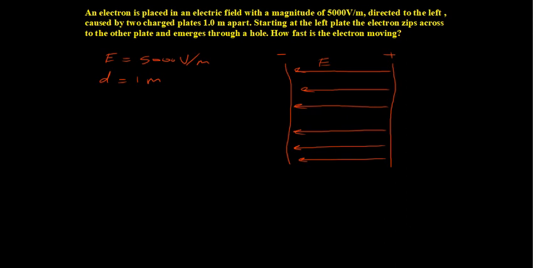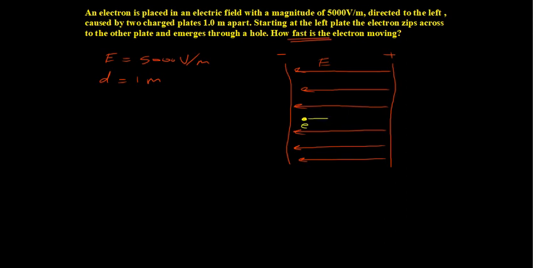But this time it's not asking about the potential difference between the two plates or how much work is required to move this electron between the two plates. It's asking how fast this electron is moving. Now let's draw this electron. That's the electron, and it is e.